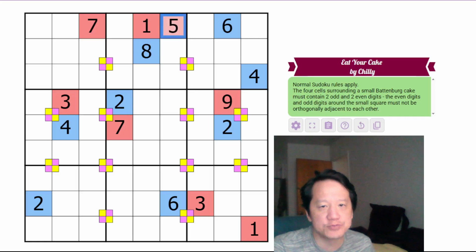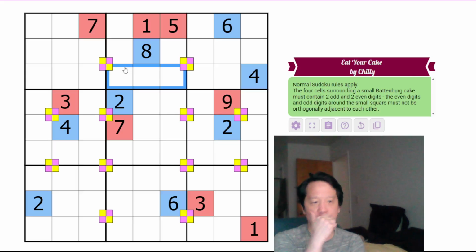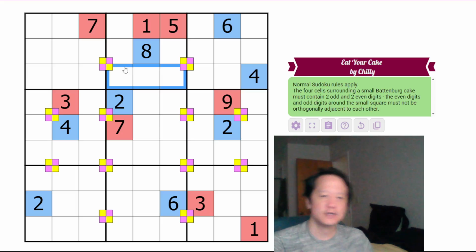Now, in each row, column, and box, we have exactly 4 evens and 5 odds, because all the odds are 1, 3, 5, 7, 9, and the evens are 2, 4, 6, and 8.